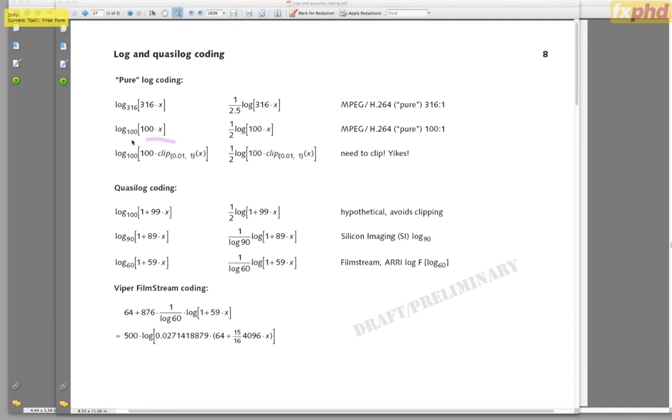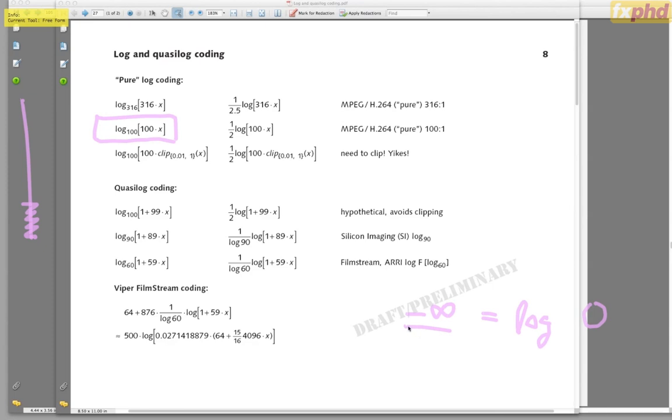Now, the trouble with doing pure log coding, apart from all that noise at the bottom end that I talked about a few minutes ago, is that taking log of 0 gives you minus infinity. And that's no fun. Either it gives you minus infinity or it just blows up. Your calculator might say error, your Excel spreadsheet would say error.